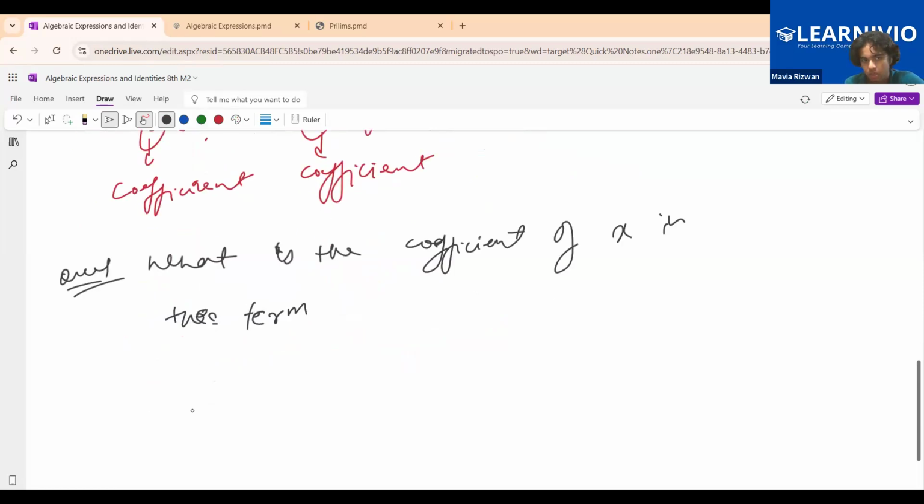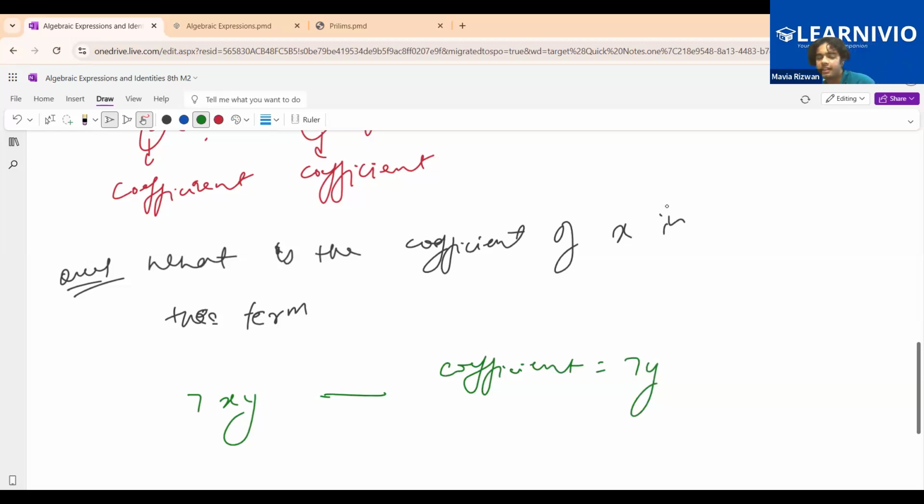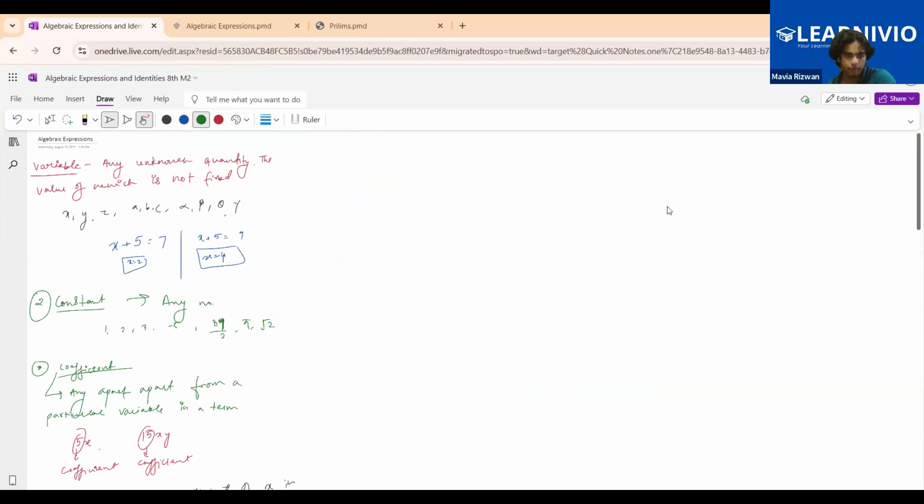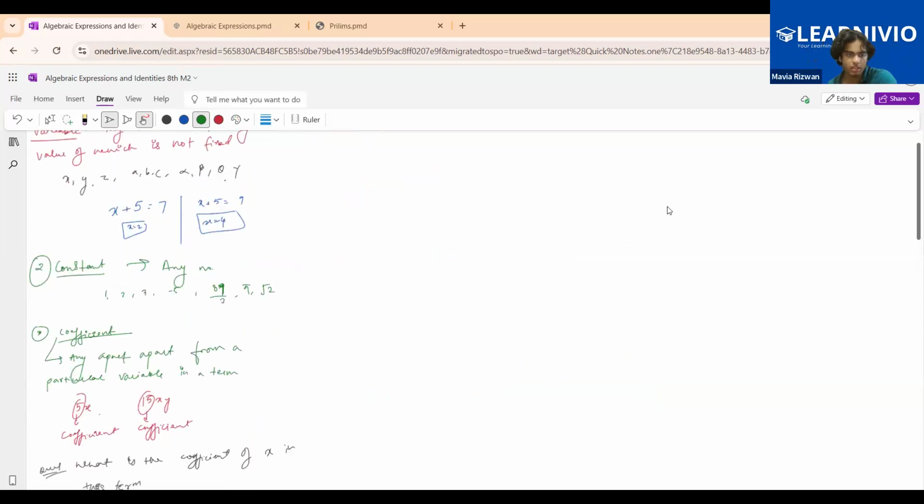So let's say I have the term 7xy. So here the coefficient would become 7y. The coefficient is equal to 7y. Means anything apart from x in that particular term. Guys, is this clear till here? What is the variable, constant, and coefficient? Yes, sir. Priyanka? Yes, sir. Okay. Guys, note this down.